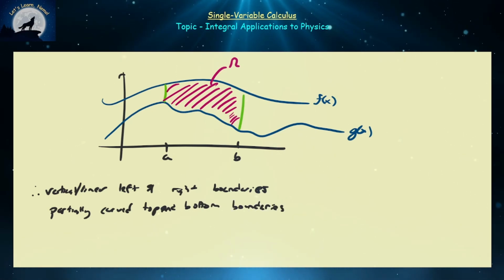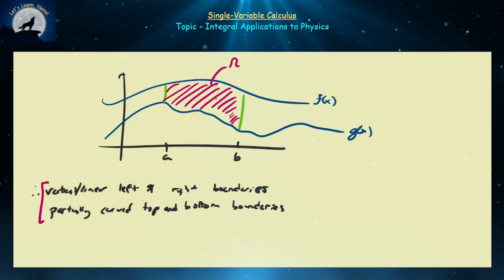If you want a region whose entire boundary is potentially curved, then you would have to use, for example, multivariable calculus in order to solve that. Or you can use single variable calculus, but you have to be extremely more clever to set that up. So now we know the problem that we seek to solve.